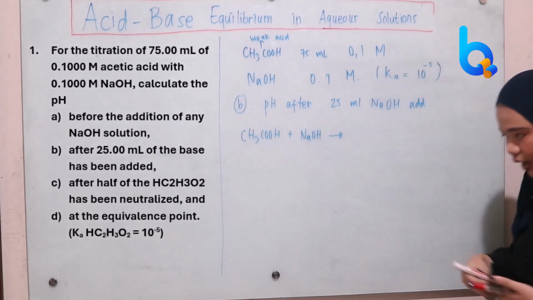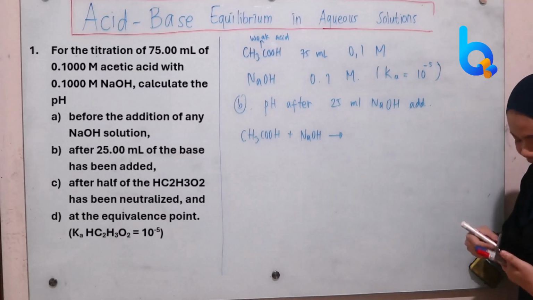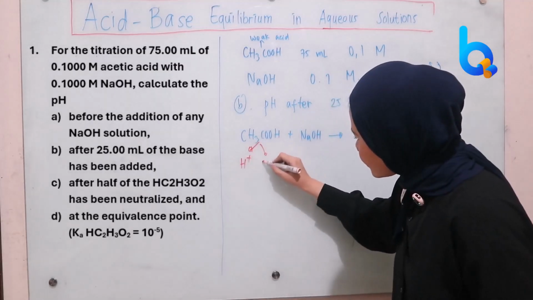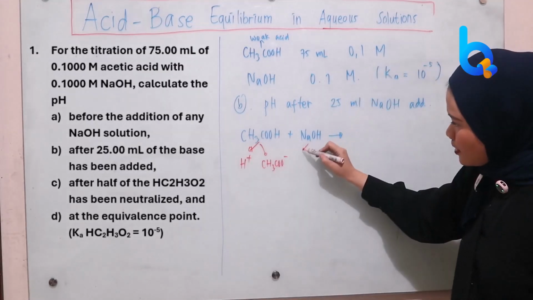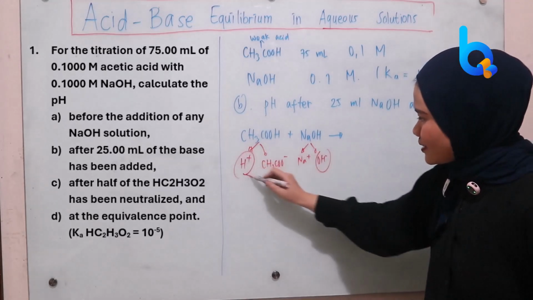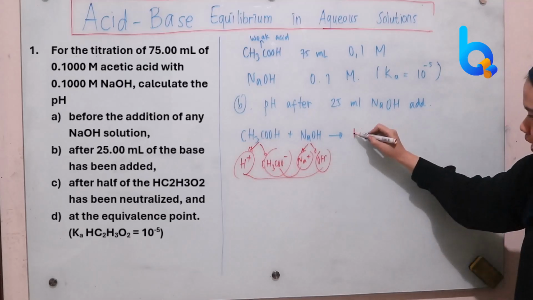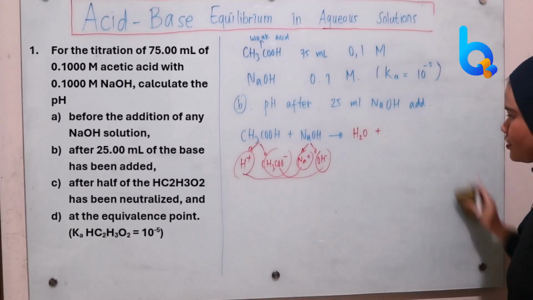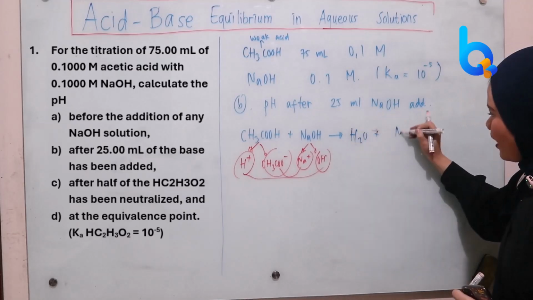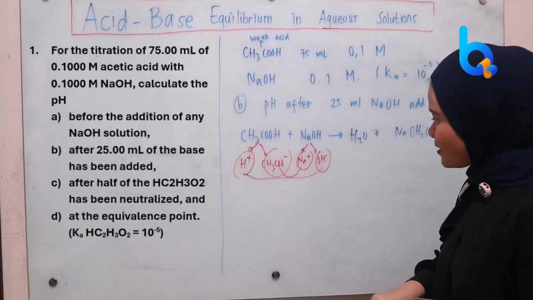Okay, if you are not familiar, you have to ionize them, so it can be H plus and CH3COO minus, and this will be Na plus, OH minus. Make them shift, plus with the minus and the plus with the minus. Okay, this combined with this, so it is H2O plus NaCH3COO.